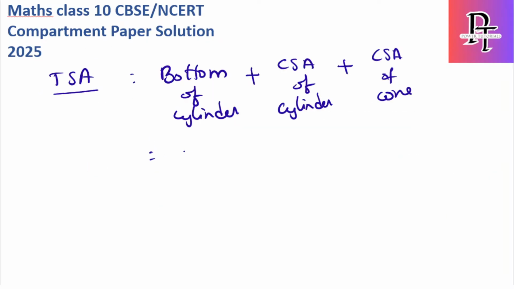Bottom of the cylinder is just a circle, which is pi r square. CSA of cylinder is 2 pi r h, plus CSA of cone is pi r l.